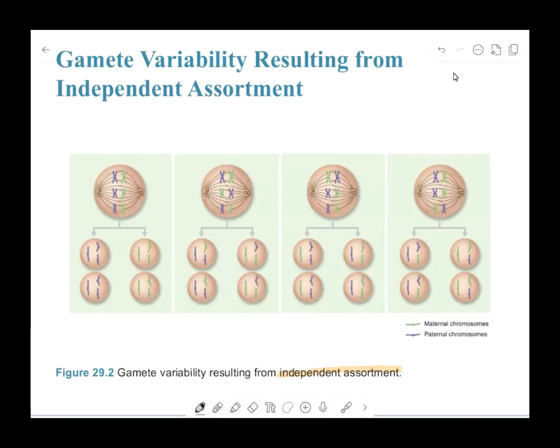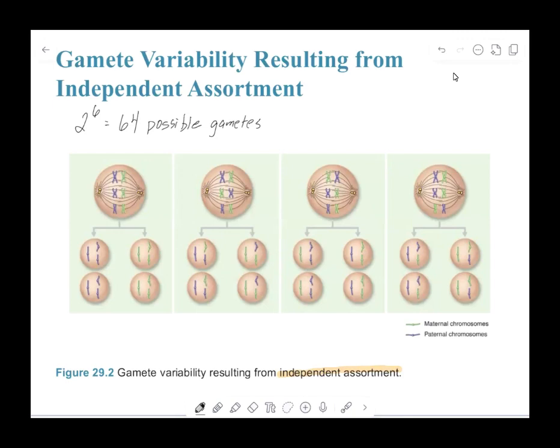So if we have 2 to the 6th, this means that there are going to be 64 possible gametes. So there's really an exponential increase in this concept of independent assortment.